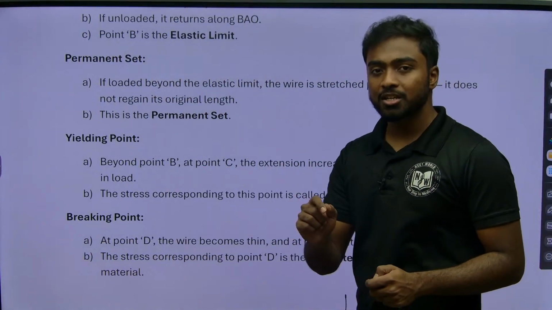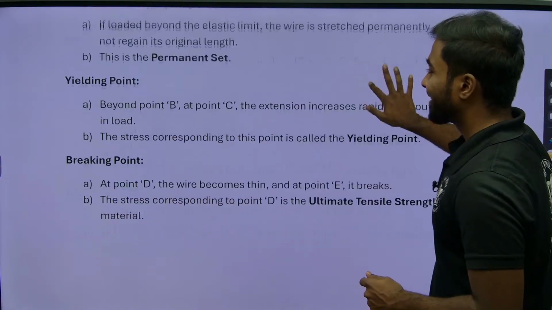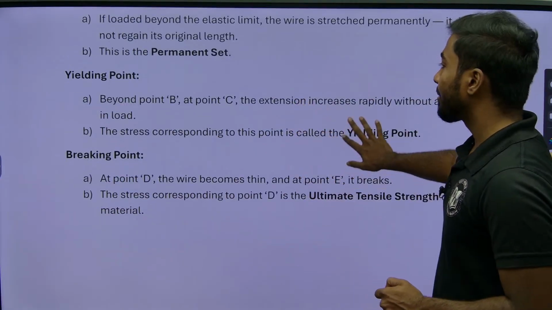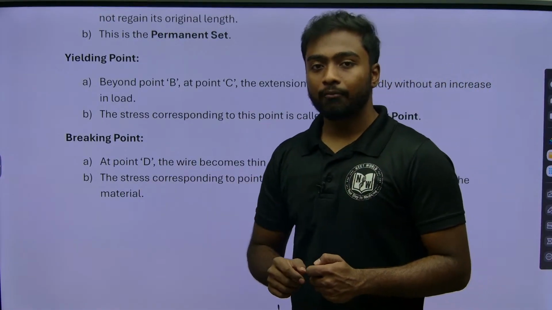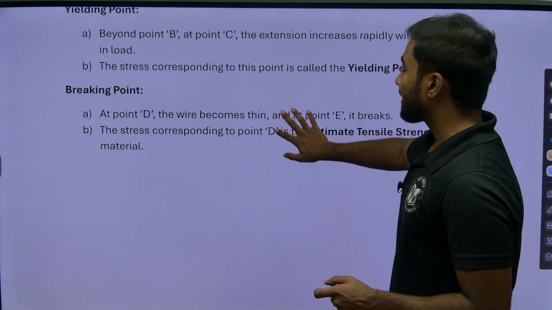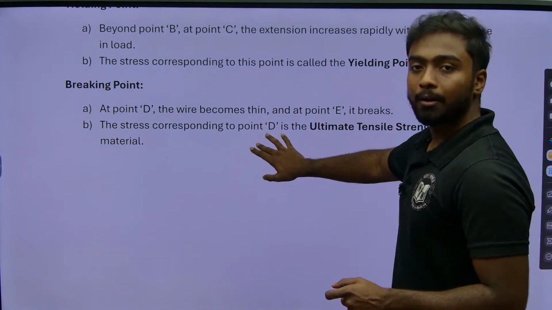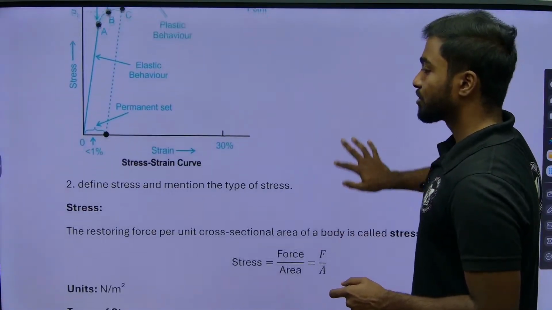It will not come back to the original shape of the object. Next is yielding point. Yielding point is nothing but up to a maximum force it can withstand, right? And breaking point is nothing but after the maximum force applied, the object will break. That's about the stress and strain.